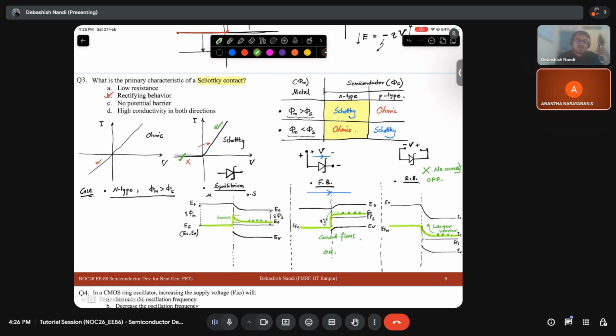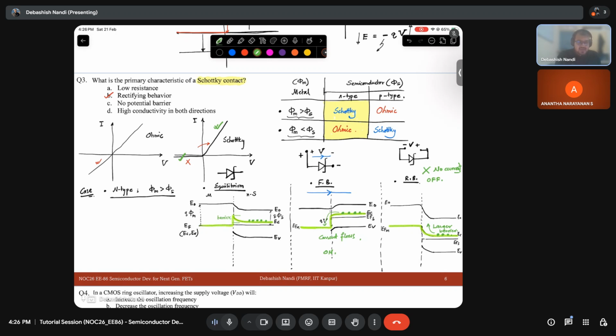Also one question: why is there no bend in the energy band in case of metal? Why am I showing the band bending in case of semiconductor only? I have already answered this. What does band bending mean? An electric field is present. If an electric field is present inside the metal, that means charges are present.